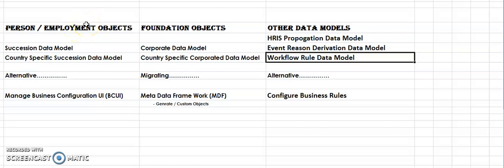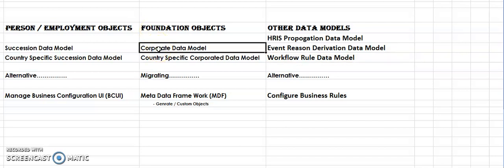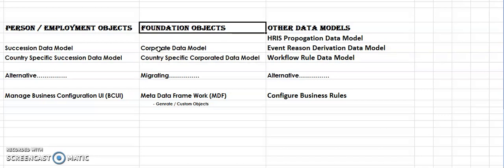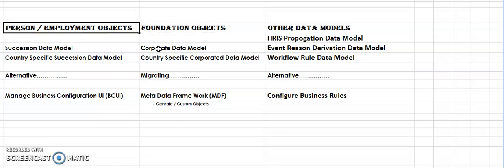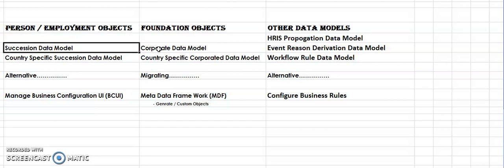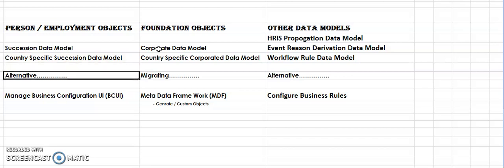Of these 7 data models, the corporate data model and the country specific corporate data model are used to configure foundation objects, and the succession data model and country specific succession data model are used to configure person and employment objects. However, the alternative to these data models is Manage Business Configuration.